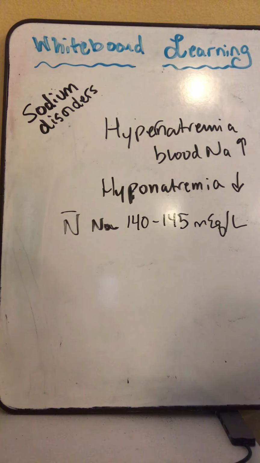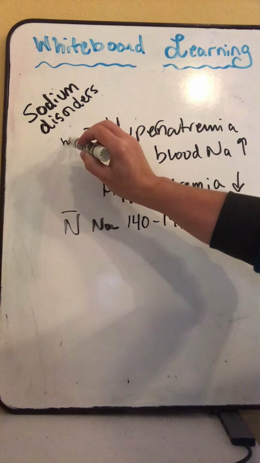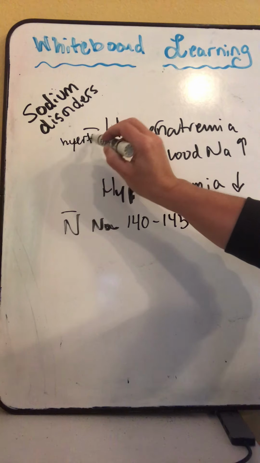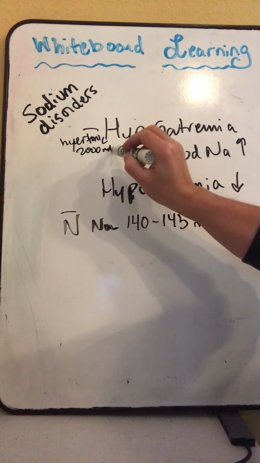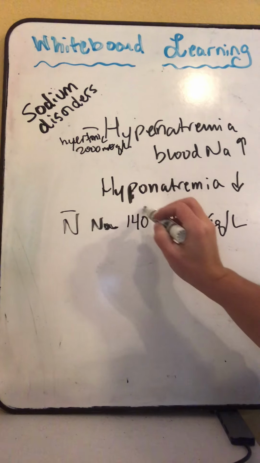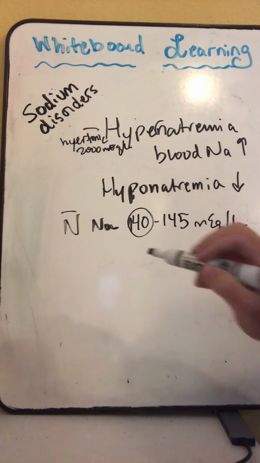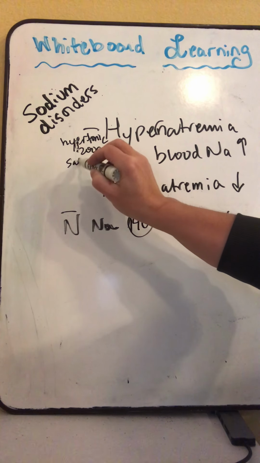And so we'll talk about why slowly is a little bit easier. But let's say you suddenly put in hypertonic saline. Well, that saline is much higher, about 2,000 milliequivalents per liter, whereas regular fluids are still about 140 on the sodium.